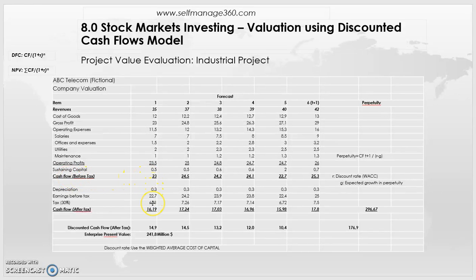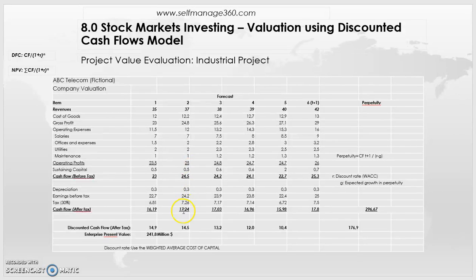Obviously, what we want to evaluate is the value of the company after tax. So once you have the cash flow before tax, you try to calculate the taxes. For example, you want to invest in a company that's paying 3% tax. So you try to evaluate how much tax it's going to be paying by using some depreciation. Then you end up, in our case, with year 1 after tax, $16.2 million.